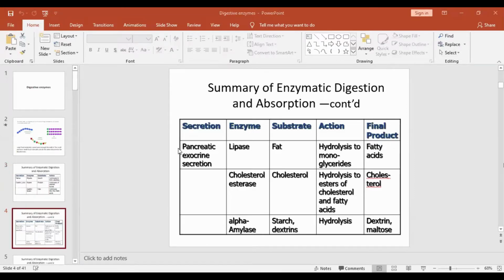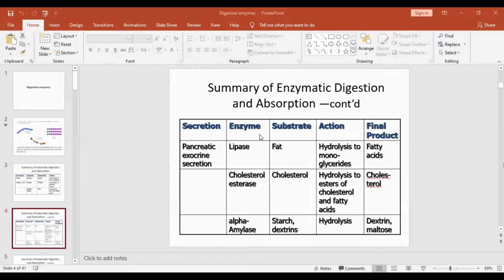Similarly, coming to the enzymes found in the small intestine, the pancreatic exocrine secretion. Many enzymes are available in these pancreatic exocrine secretions, and they help with the breakdown of different large molecules. Lipase, cholesterol esterase, and alpha amylase are some of the enzymes.